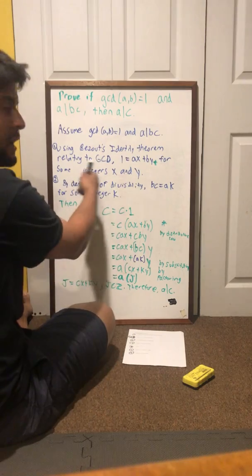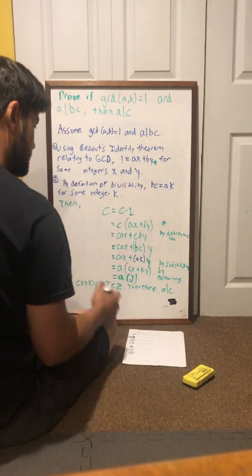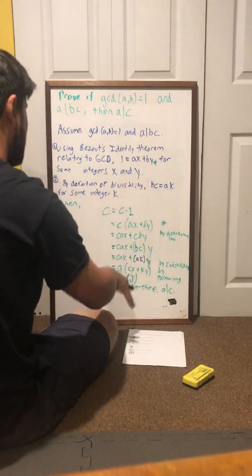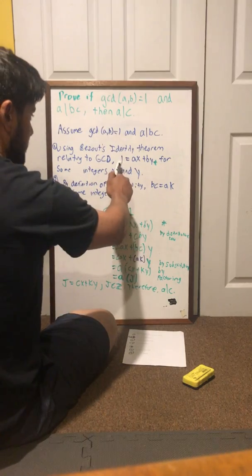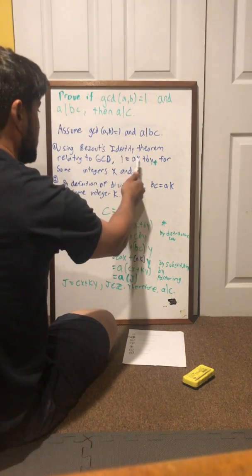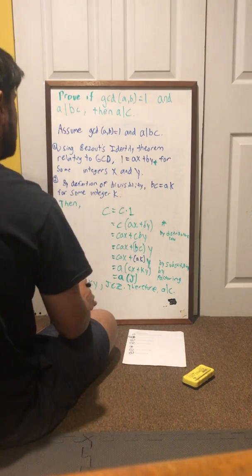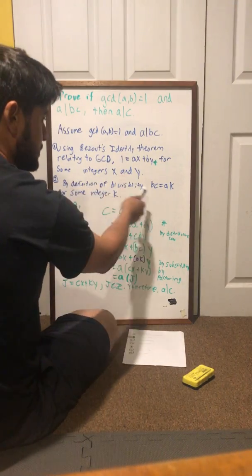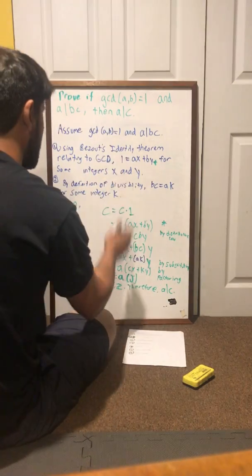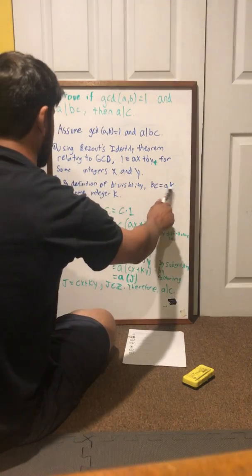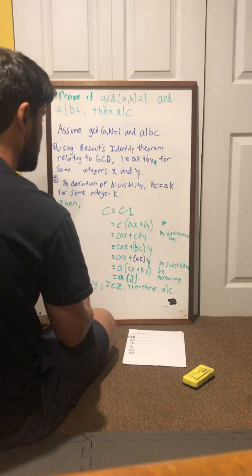Using the Bezout's identity theorem relating to GCD, which we did previously, we're able to say that 1 equals AX plus BY for some integers x and y. Then by definition of divisibility, BC equals AK for some integer k.